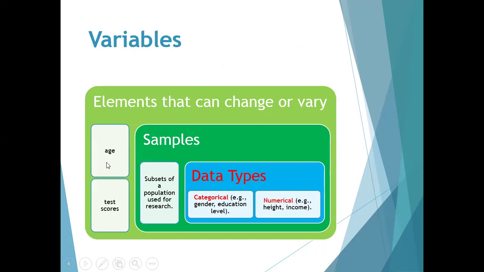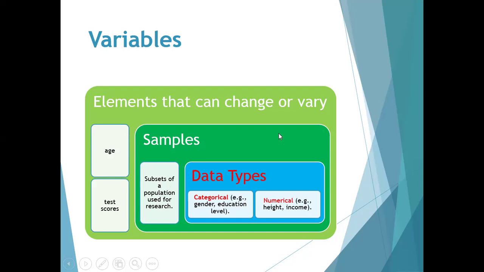For example, age, test score, okay? This is one. Samples. Subject or population, subsets of population used for research, okay?